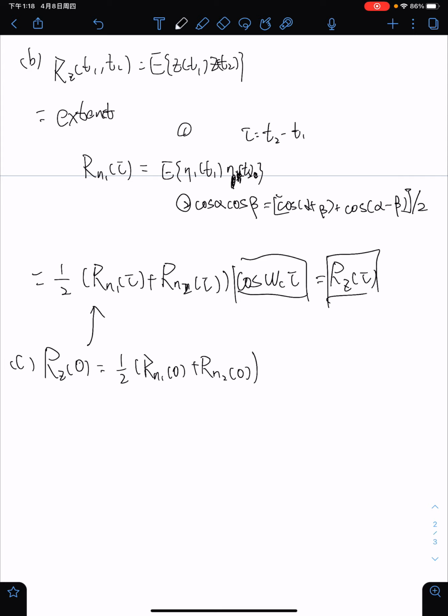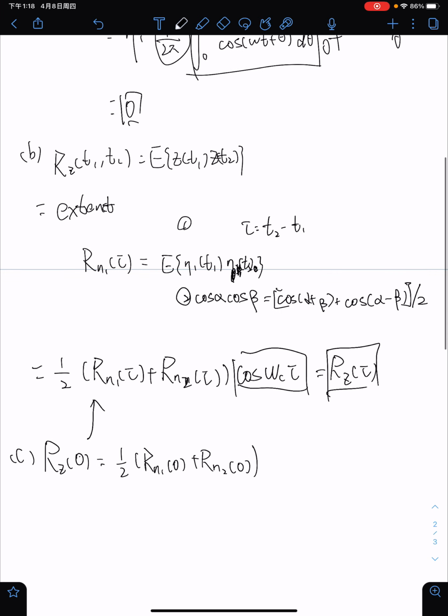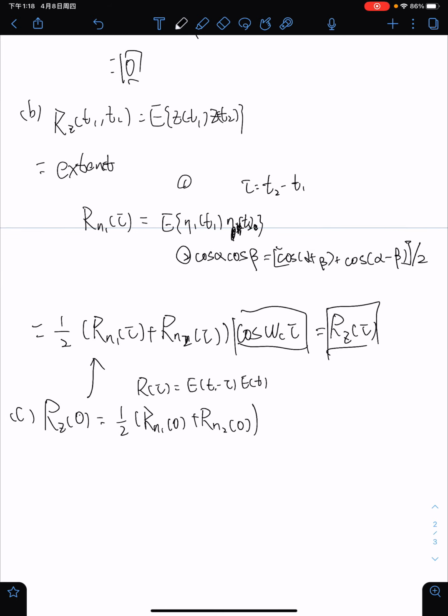And we can use the definition. R tau equals E of n(t minus tau) and n(t). Okay, so is that right?